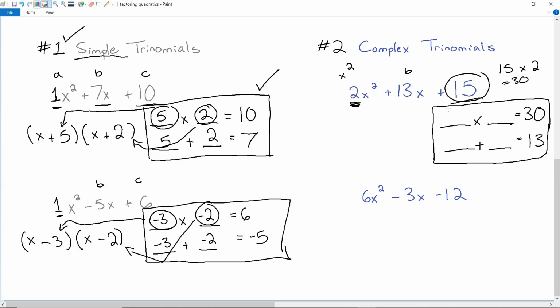Okay, multiplying 2 numbers to give me 30, adding them to give me 13, I should be looking for a 10 and a 3. Another difference with complex trinomials is we can't go right to the last step of plugging in these values into factored form. What we actually need to do is break down our B term into these 2 values that we just solved for.